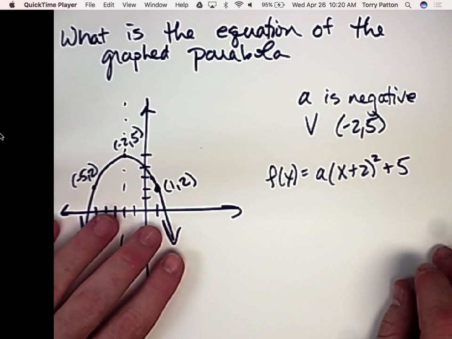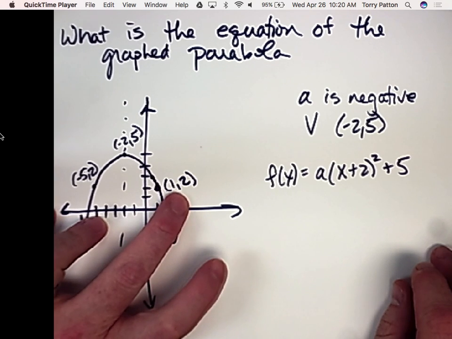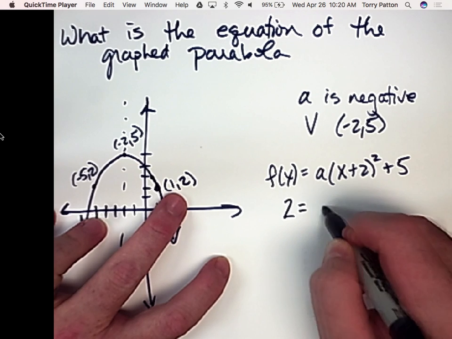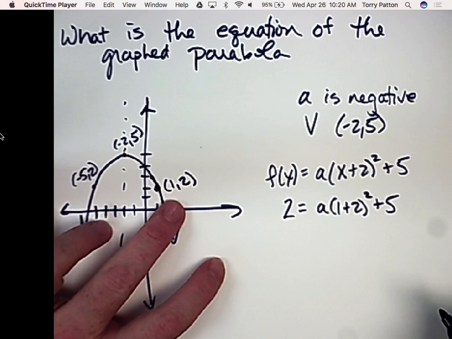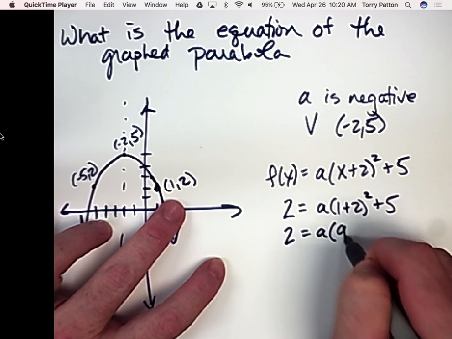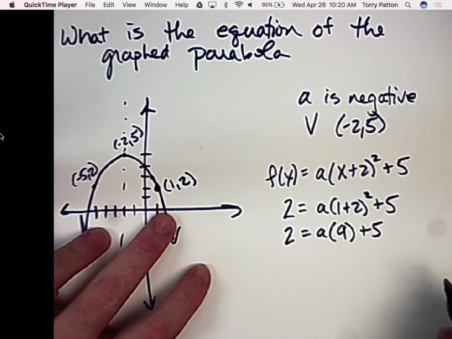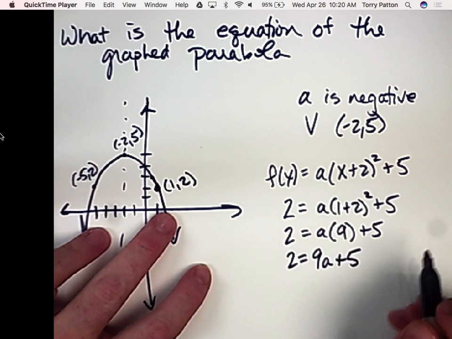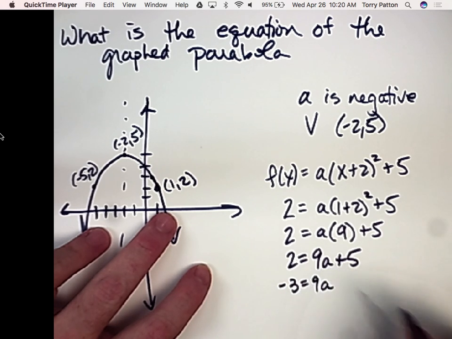Okay, so when x is 1, y is 2, right? So y is 2 when x is 1. So that is 2 equals A times 3 squared, which is 9, plus 5, right? So 2 is 9A plus 5. If we subtract 5, we've got negative 3 is 9A.